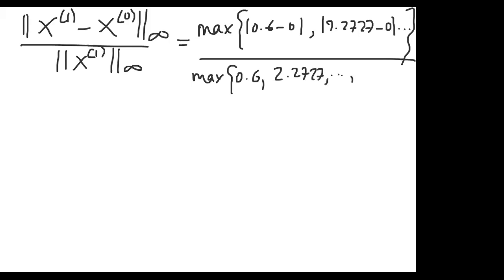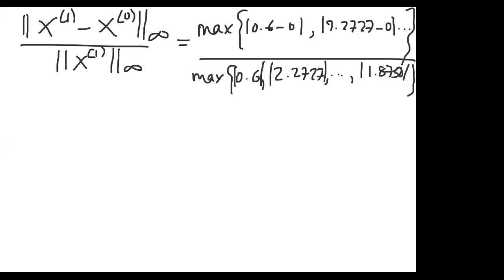I haven't written absolute values here, but since they are positive numbers, they'll just give you positive numbers. But if you want, you can still include them, up to the last value, which is 1.8750. Okay, the maximum of that.